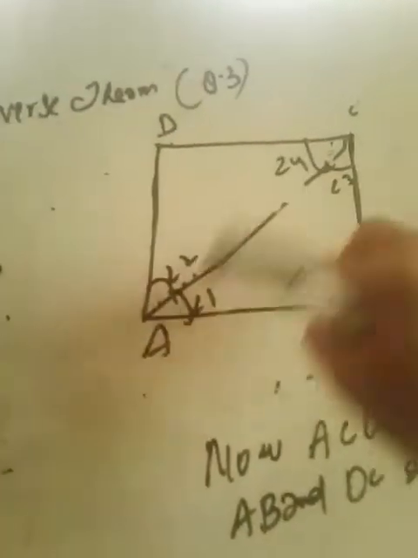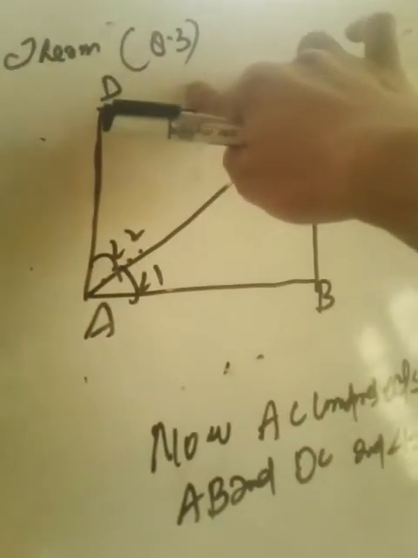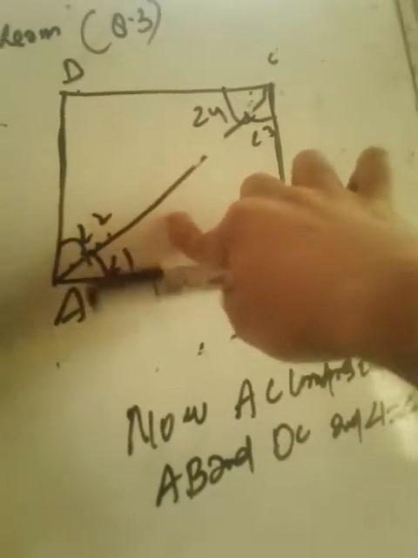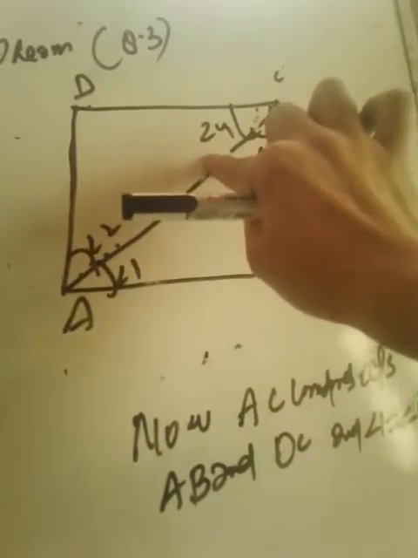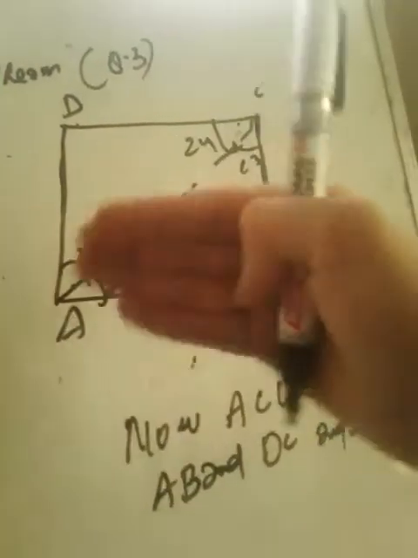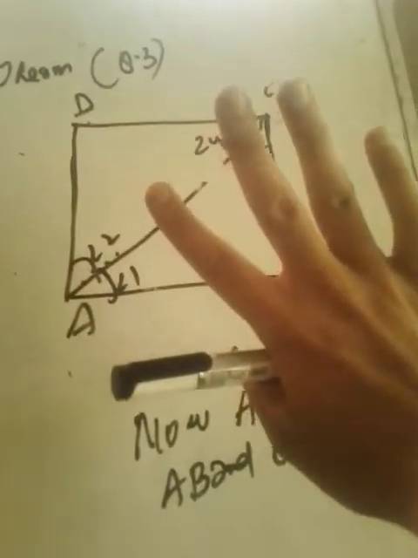Why? Because we have proved it here. So AB and DC are two lines. AC intersects them in such a way that angle 1 is equal to angle 4. But what kind of angles are angle 1 and angle 4?